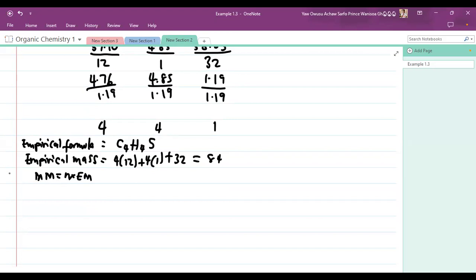From the question, our molecular mass is 168, which is equal to N times the empirical mass of 84. So N becomes 2.